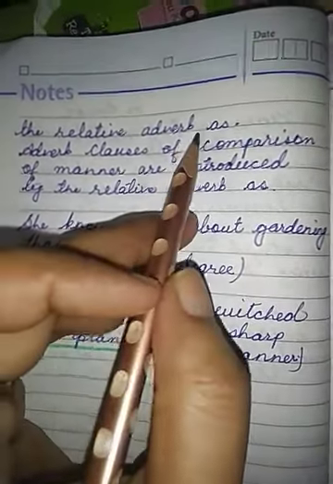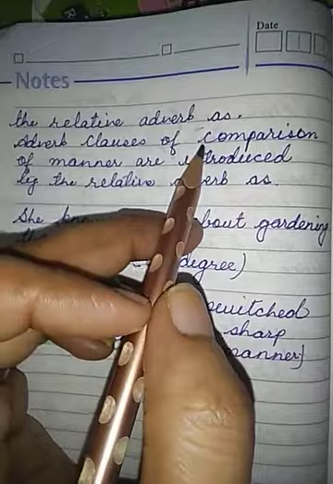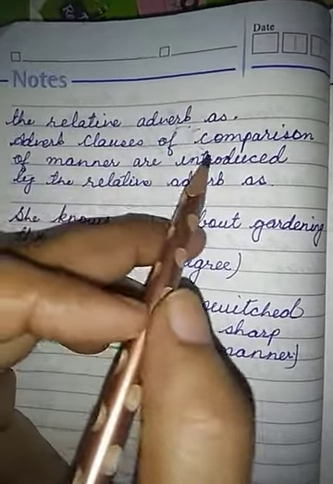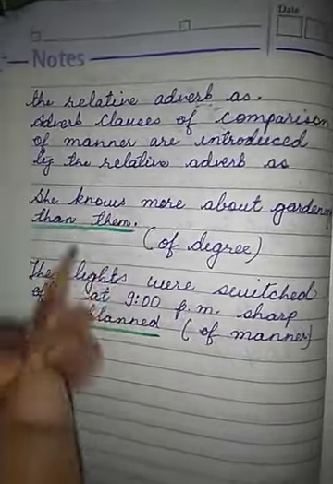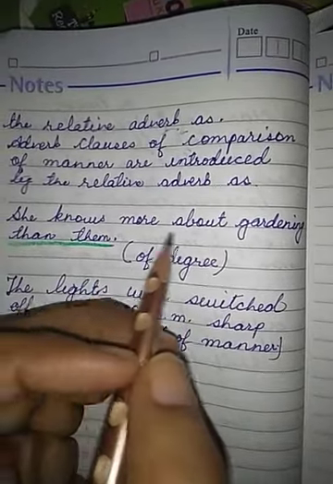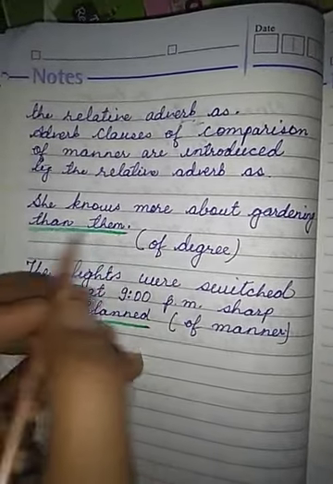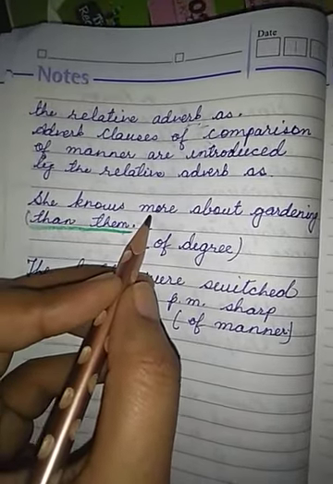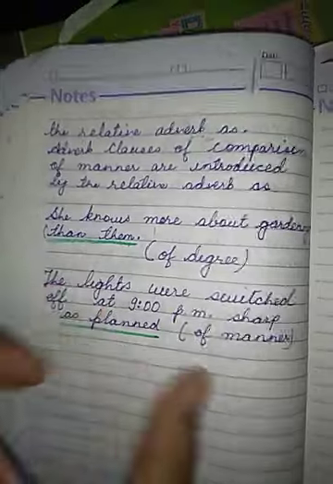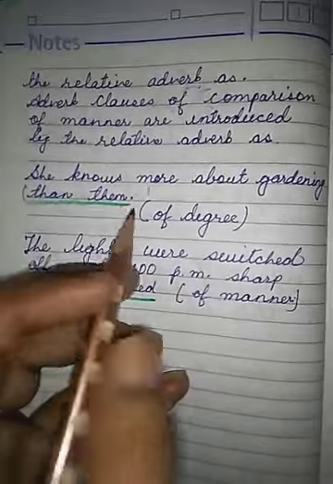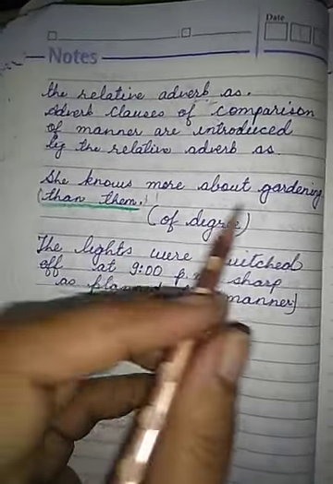The relative adverb as introduces adverb clauses of comparison of manner. She knows more about gardening than me. Than me is an adverb clause of comparison. Than me. Than them. This is showing the degree of gardening.